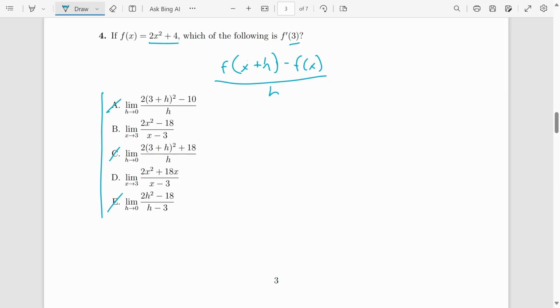It doesn't use the limit definition of the derivative at all. I don't know why. That seems like the most reasonable answer you could get for this, but whatever. So it's going to be either B or D, and for both of these, it looks like they use the old slope formula that you learned back in an algebra class, where you had y2 minus y1 over x2 minus x1.